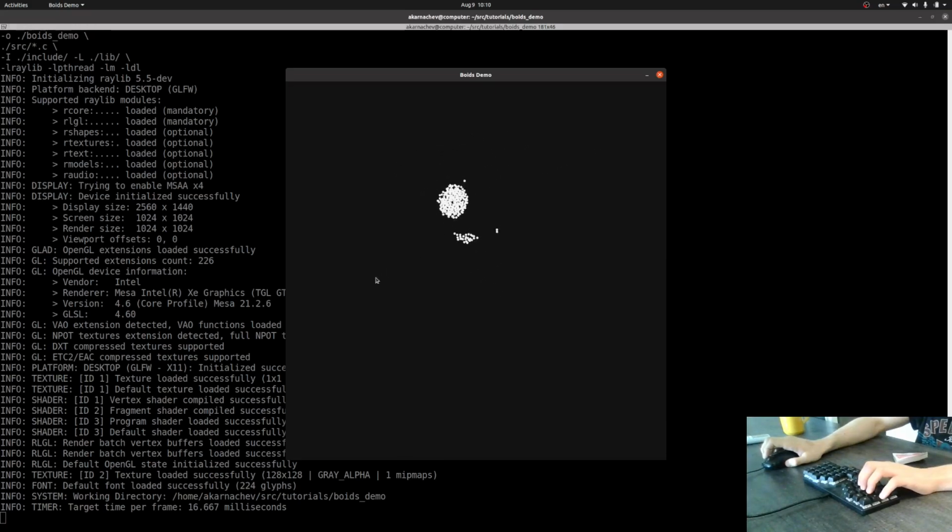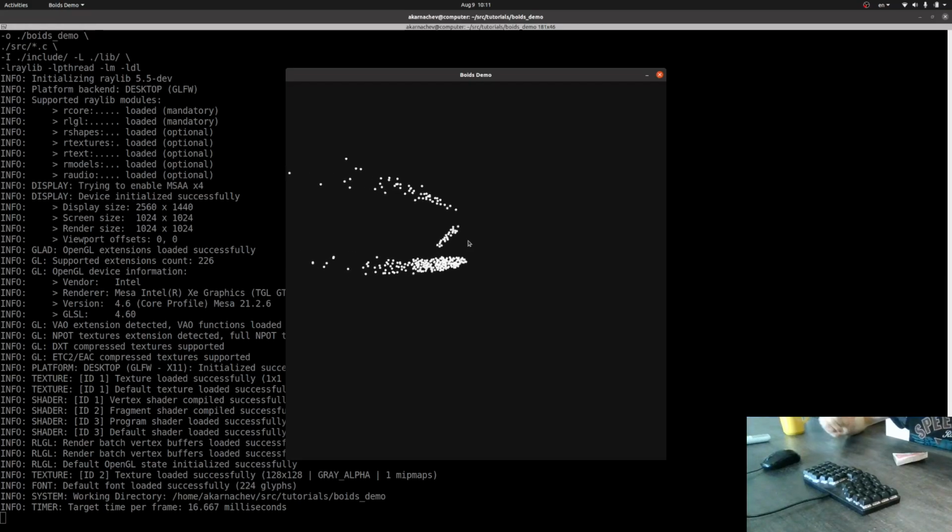And as you can see, we didn't set any kind of cohesion score, so basically the tendency of boids to group with each other. But we already have this kind of emergent behavior. As you can see, there are 2 groups, but we definitely didn't code the grouping of boids. We didn't code this behavior, but they already group.